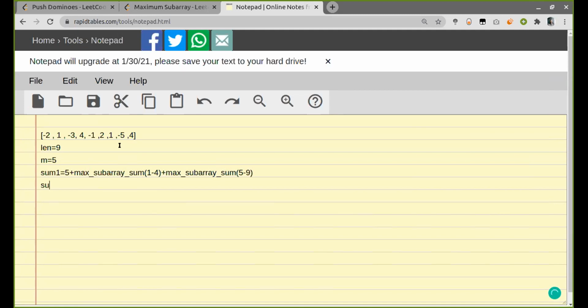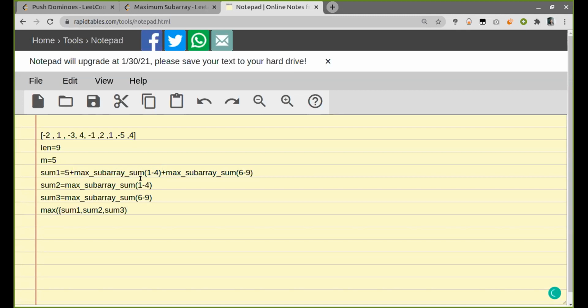This will be the first sum. Then for the second sum, we will be taking only this one, and for sum 3, we will be taking the last. And then we will return the max of all the 3 sums which we calculate.